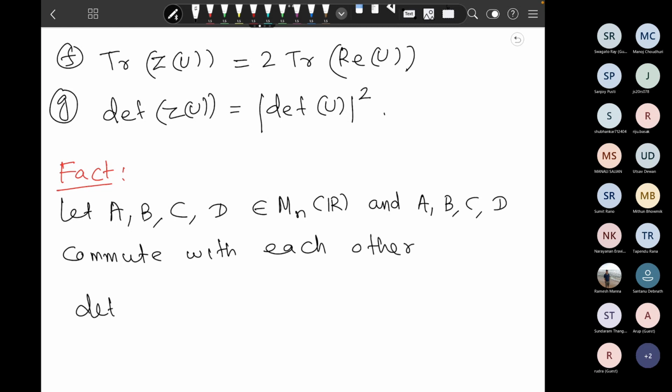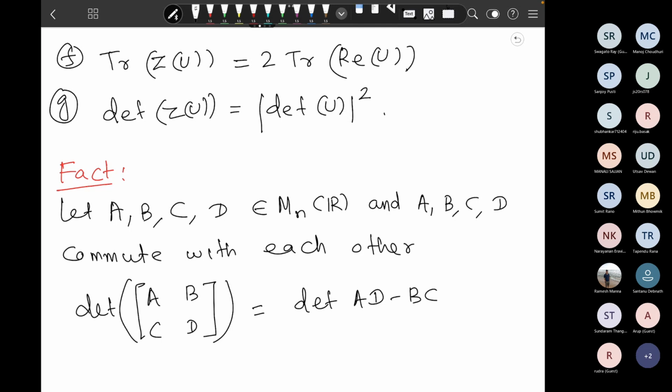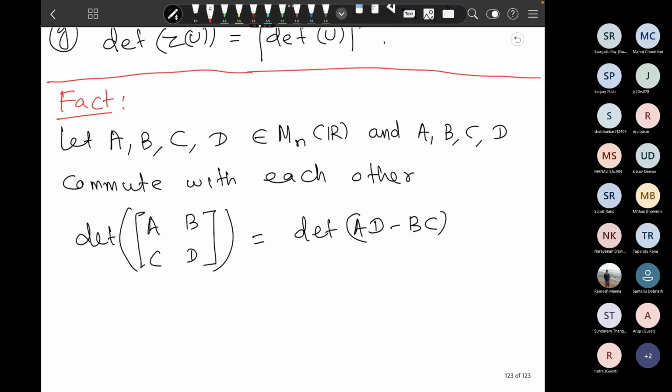Then the determinant of the block matrix A, B, C, D, which is a 2n cross 2n matrix, is the determinant of AD minus BC. This is a very simple useful fact from linear algebra. We will use this.